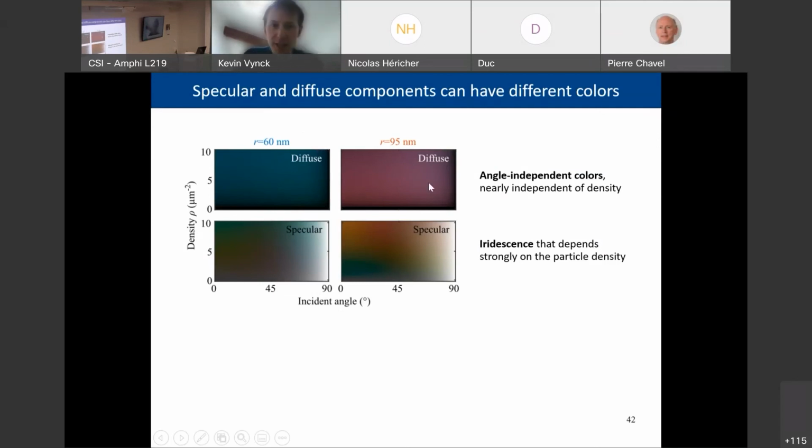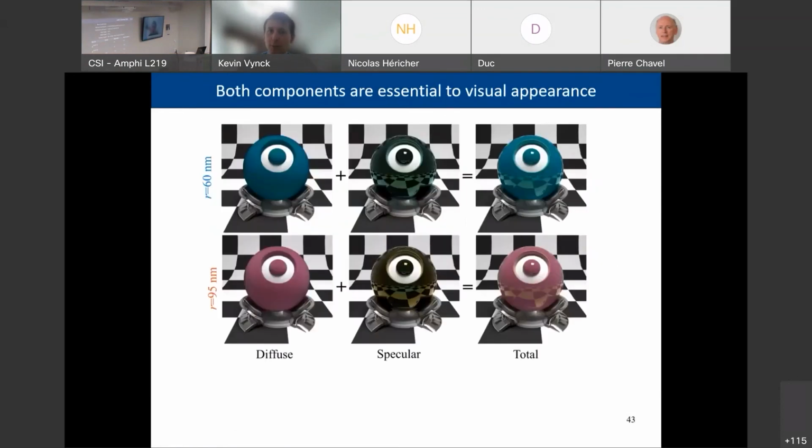But more interestingly, the specular component depends a lot not only on the incident angle, like a thin film interference, but also a lot on the density of particles. You can see that changing the density of particles creates different colors. So that means that essentially we have a way to control almost independently the diffuse color and the specular color of an object. And clearly the diffuse color and the specular color are both extremely important for the visual appearance.